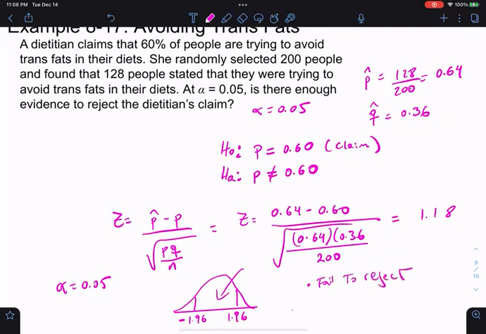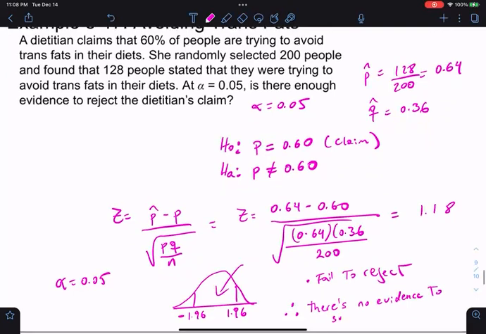Therefore, we can say that there's enough evidence to support the claim, because we are failing to reject. So there's enough evidence to support the claim that 60% of people are trying to avoid trans fats in their diet.